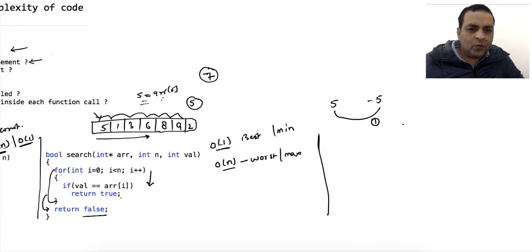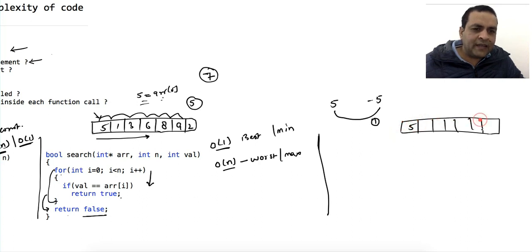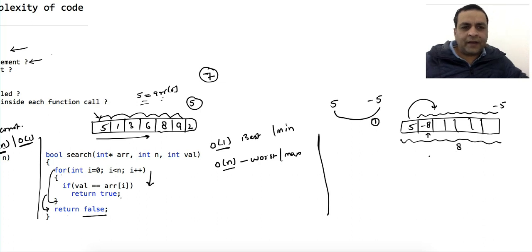For each element in the array, let's say I have a 5 here, I will scan the entire array again and see if -5 is also present. Let's say we have a -8 here. For this -8, I will scan the entire array and see if 8 is present or not. So basically we are finding the complement of the element in the same array.